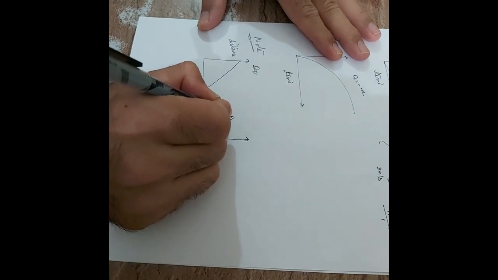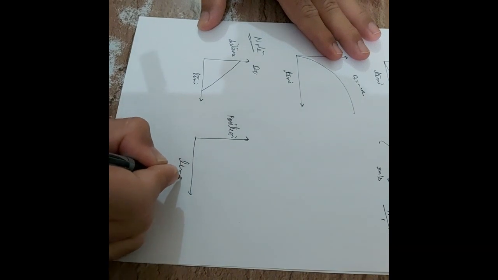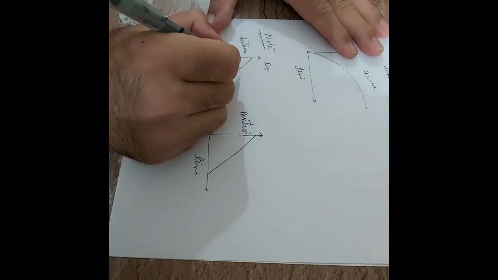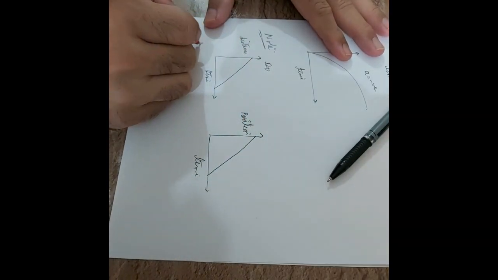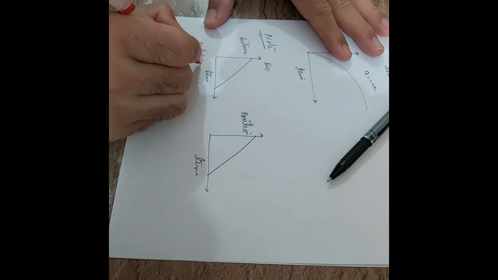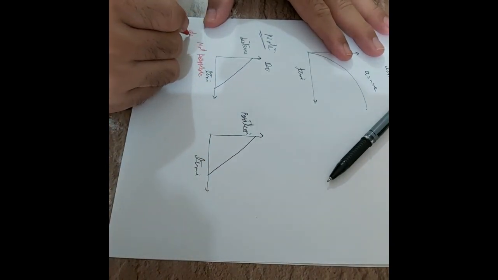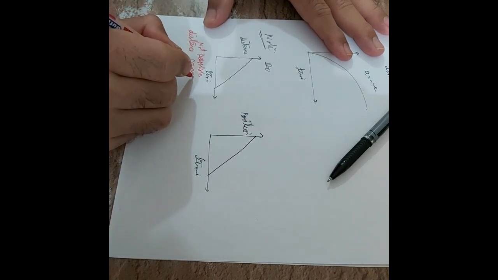If I represent position, here I am saying time. This graph is not possible. Why? Because distance cannot decrease with time.